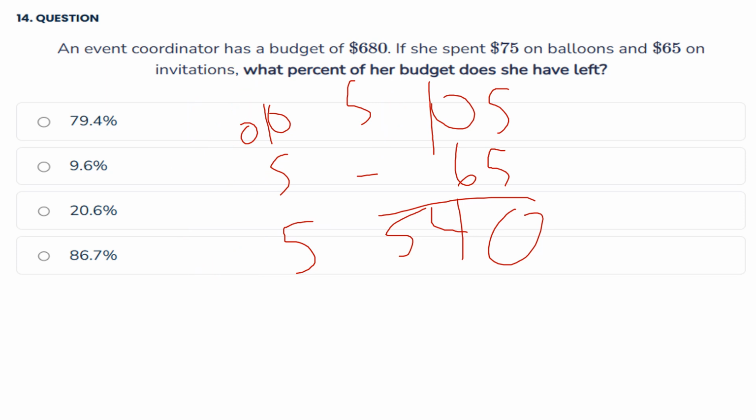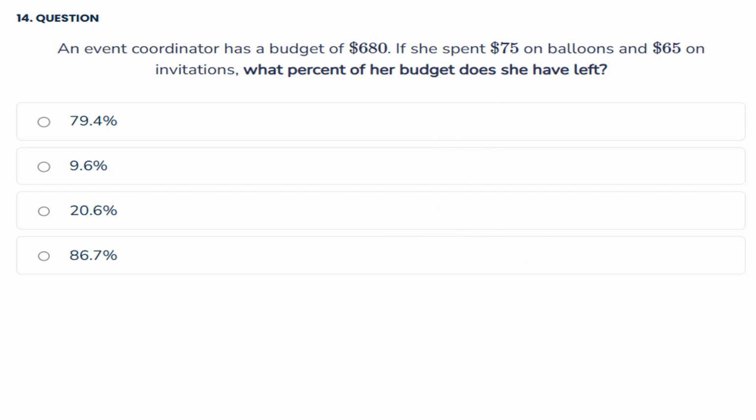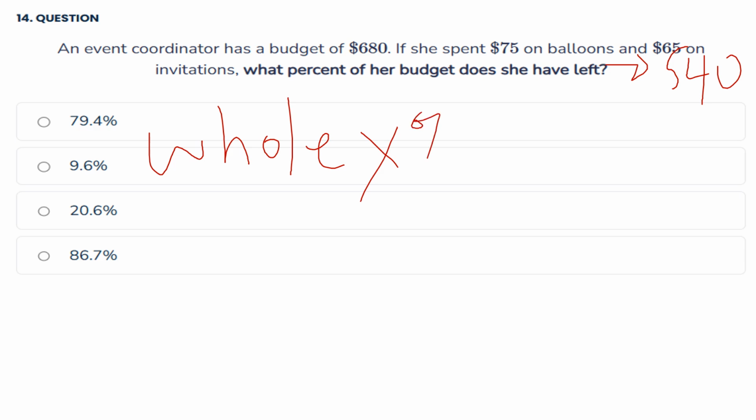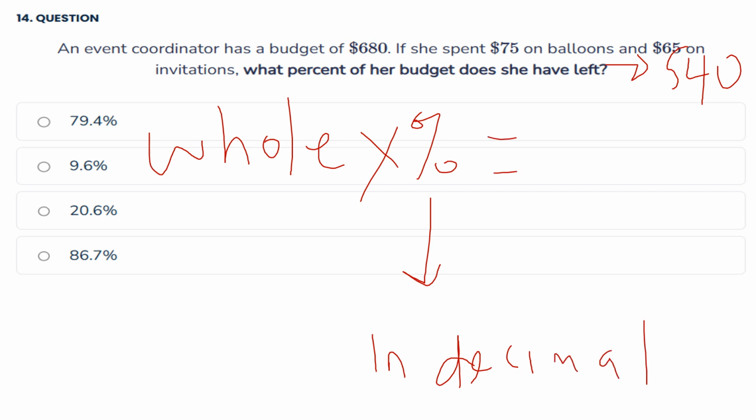So what is that percent? So in the previous question, let me write 540 here so I don't forget that. All right, so in the previous question where we used some percentages, we used whole times percent, and that's in decimals, equals part.